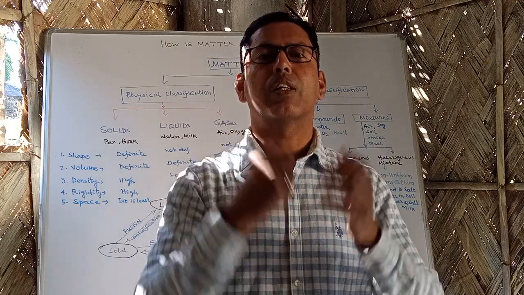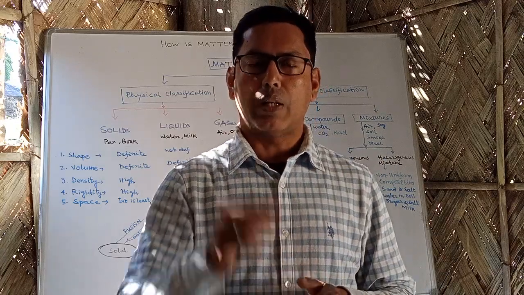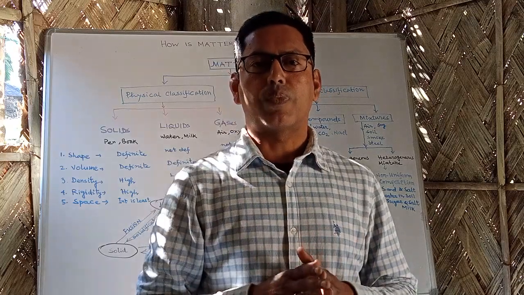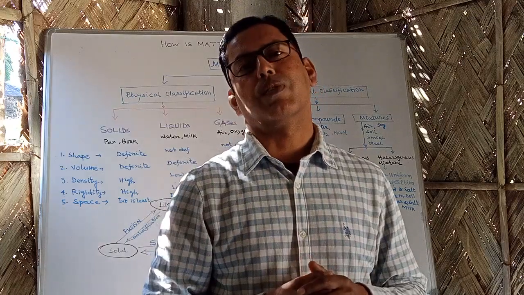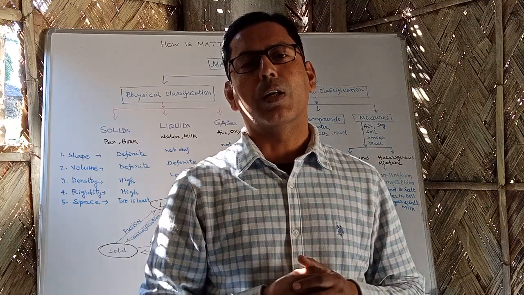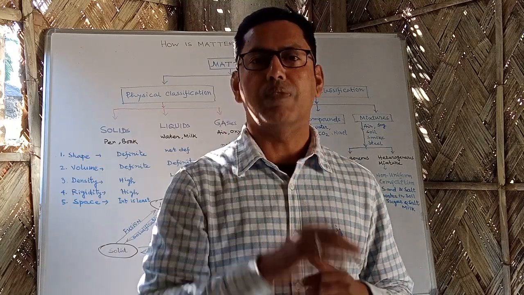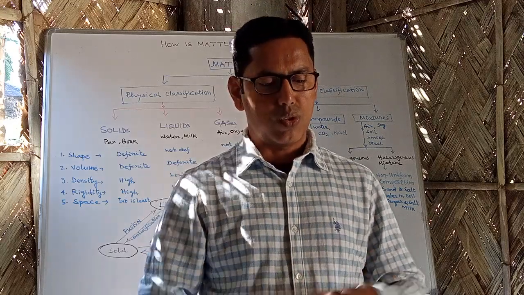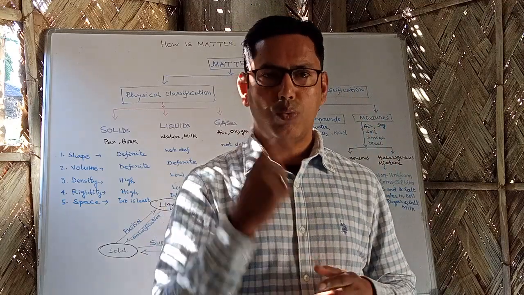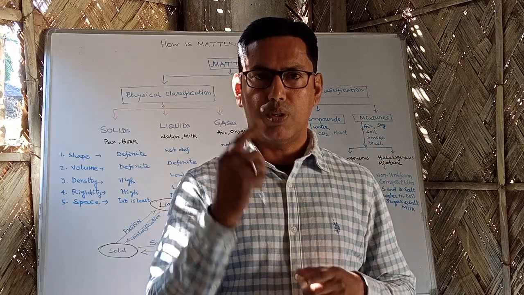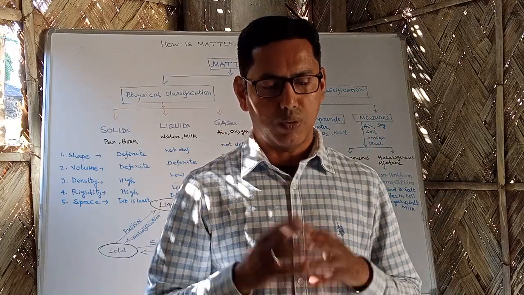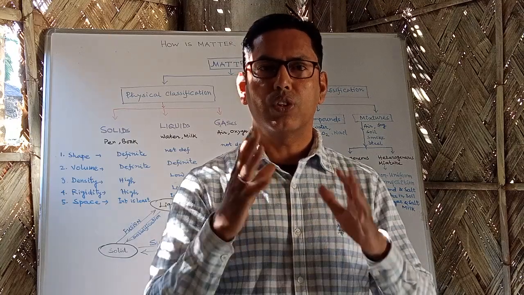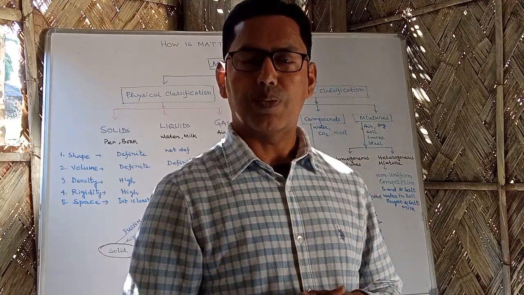Number one is earth. Number two, fire. Number three, water. Number four, air. And number five, sky. These are the five basic elements of matter.